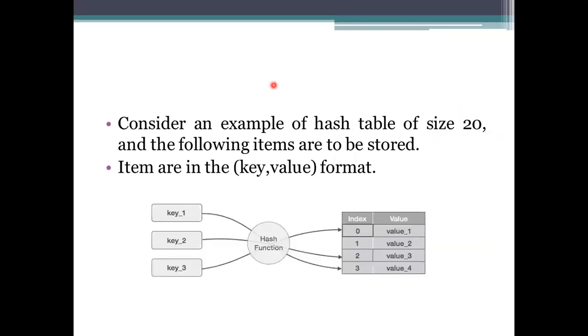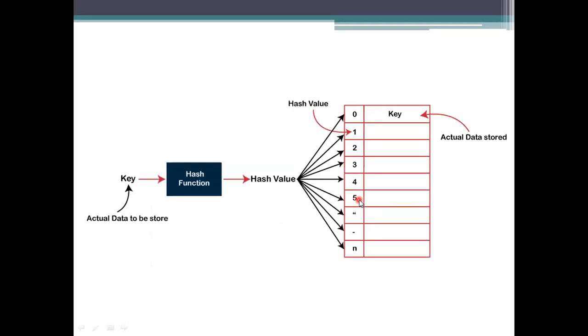This allows you to map to these index values, and the value will be stored there. If values have different indexes, they are stored in different places. If they have the same index value, what happens? They have to be stored at the same position.